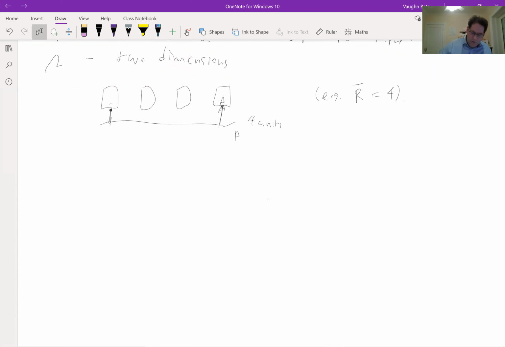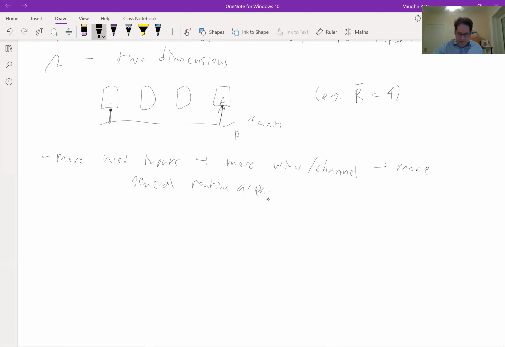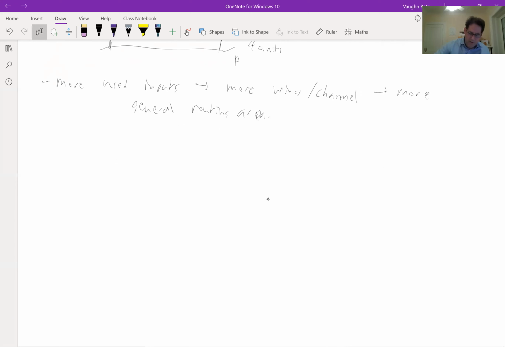Okay, so what's the intuition of this? Like why does this happen? Basically, if we have more used inputs, we need more wires per channel. And that means we're going to need more general routing area. Essentially what happens, let's say I've got a 4 LUT here.